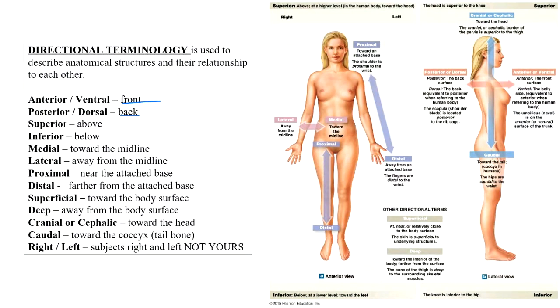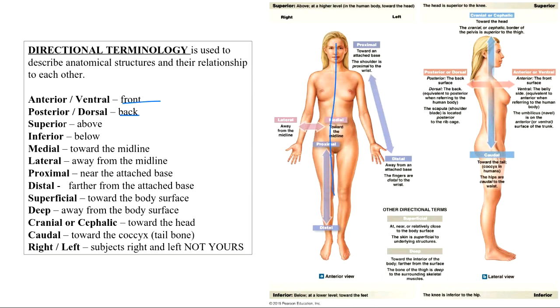I think most of these are pretty straightforward: above and below, superior and inferior, of course. Medial and lateral are typically mixed in terms of people's familiarity. Essentially, medial and lateral refer to the midline of the body. The midline of the body is right down the center, like drawing a plumb line right down the middle of the body.